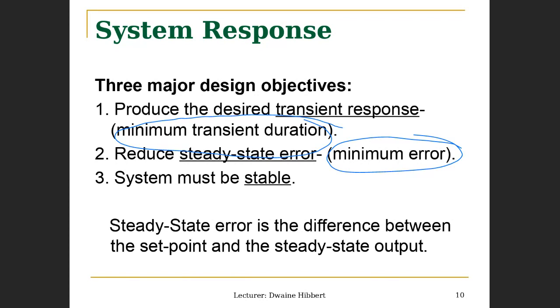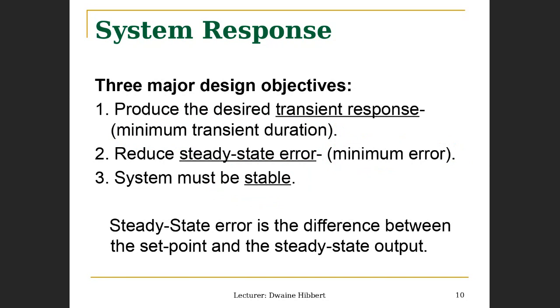So we would have our error maintained at the minimum possible, or the minimum that is suitable for the situation. Thirdly, which to be truthful should encapsulate both one and two, the system must be stable. So these are the three design criteria, and we're going to look a little bit at these as we go along.